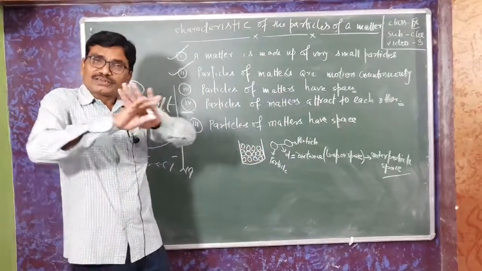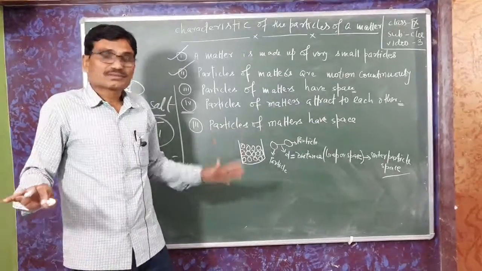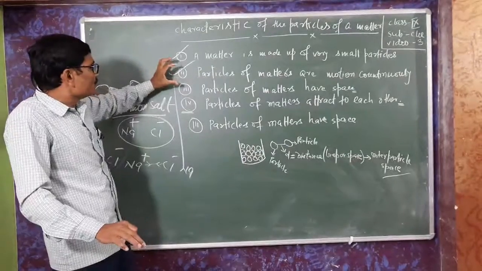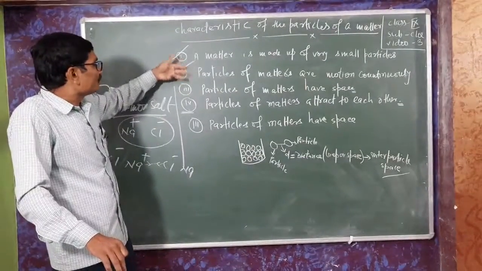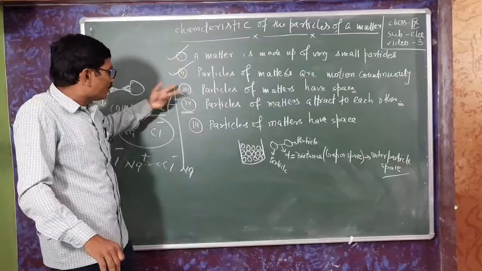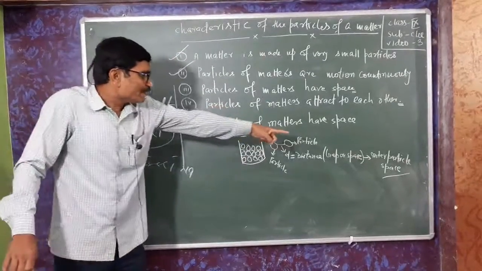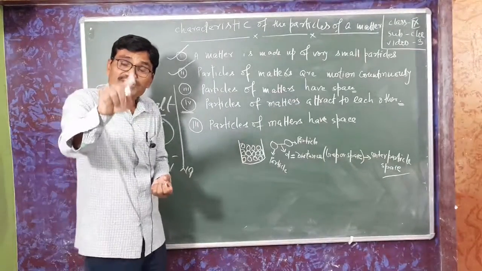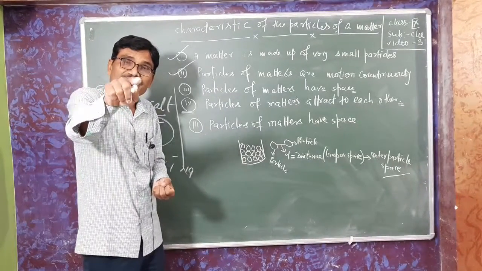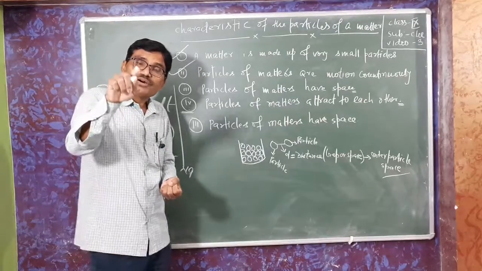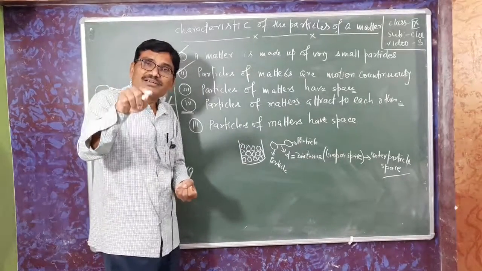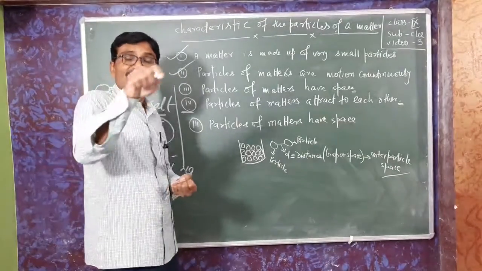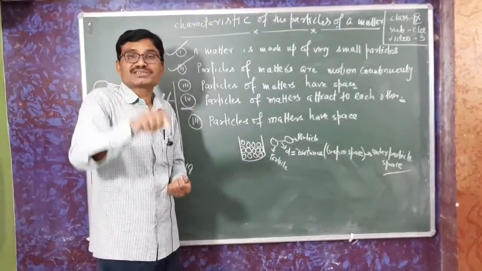Now we want to conclude the characteristics of the particles of matter. Before this video, you know two characteristics were explained, but now here are two more. So what is interparticular space? The space between the two particles of a matter is called interparticle space or intermolecular space or intermolecular gap, interparticle distance.